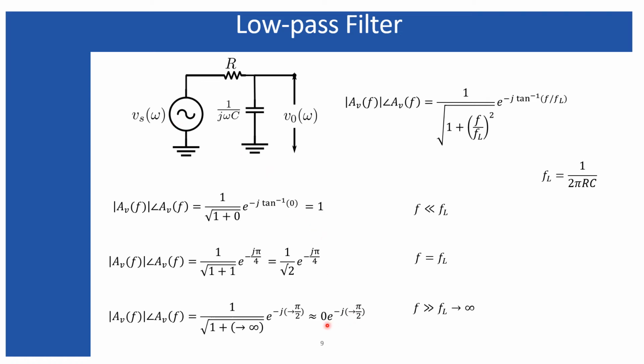But when the frequency of the input voltage becomes larger than the cutoff frequency, the output goes to 0. That is why it is called a low pass filter, because it produces output for input voltage having frequencies less than the cutoff frequency defined by this circuit, and the cutoff frequency is 1 over 2 pi R C.